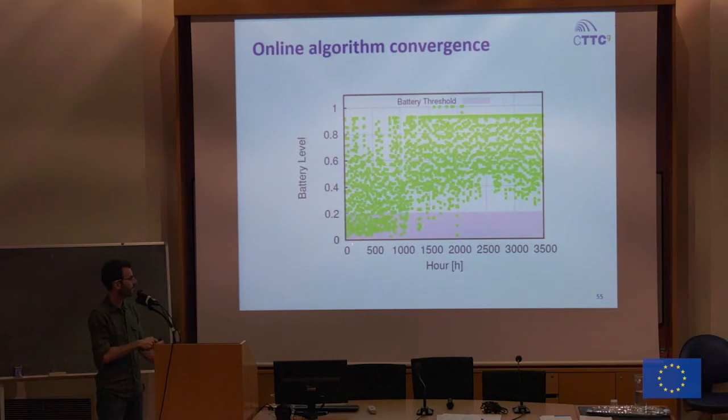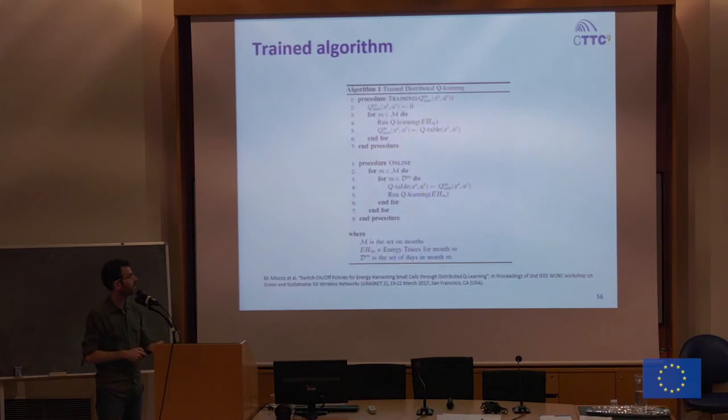In that specific case, since we are taking a decision every hour, the system is not really quick. So we want to have some offline training: we train the agent before putting it in the environment.